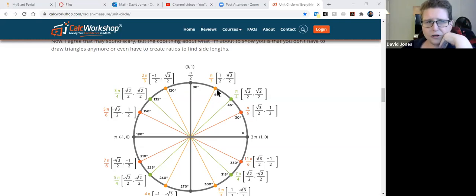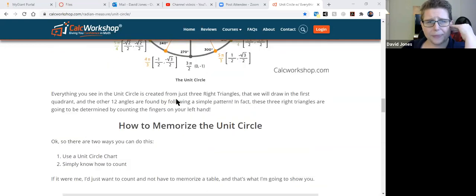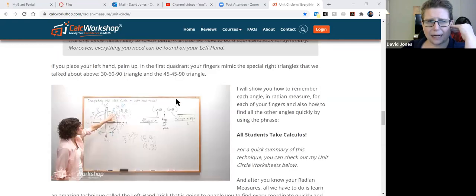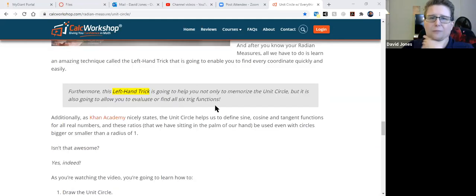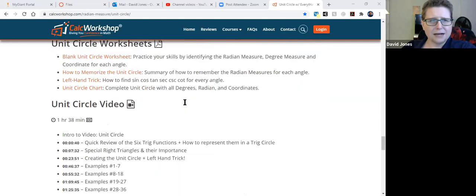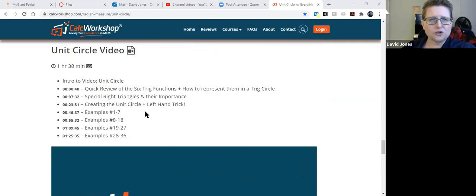It shows you all the degree marks on the circles, the major ones that matter. And on the outside, it shows you the radians. All these colors are in radians, 2 pi over 3, 3 pi over 4. If you come down to the bottom, she talks about it right here, but if you don't want to read it, it tells you where to look.